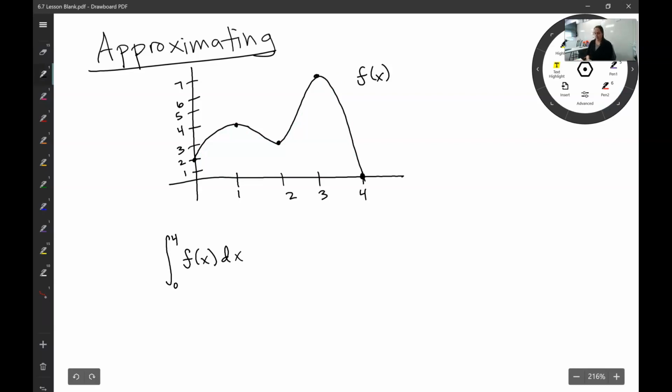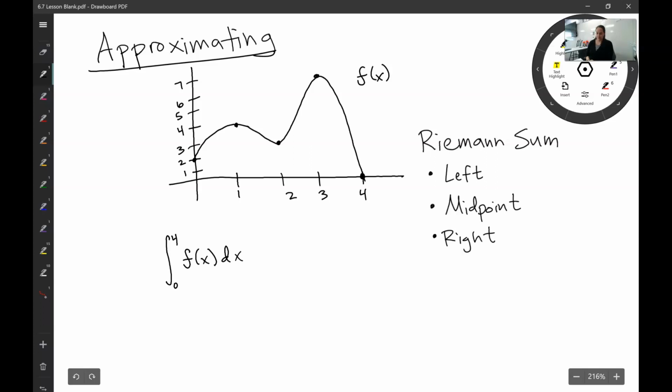And the first technique we're going to learn about is called a Riemann sum, which is a fancy word for let's make some rectangles to fill this area. Now, there are three types of Riemann sums. You have a left Riemann sum, a midpoint Riemann sum, and a right Riemann sum.